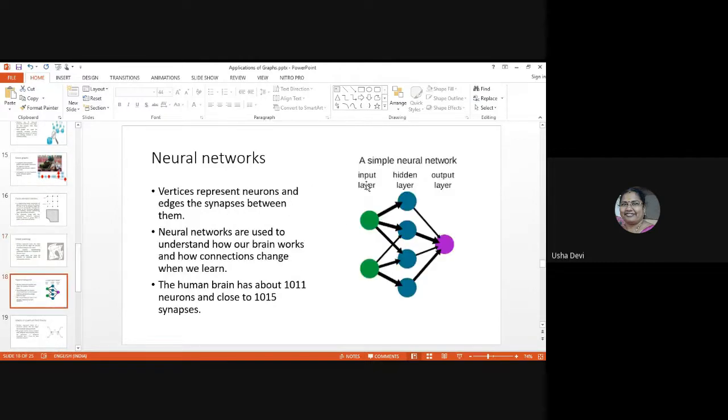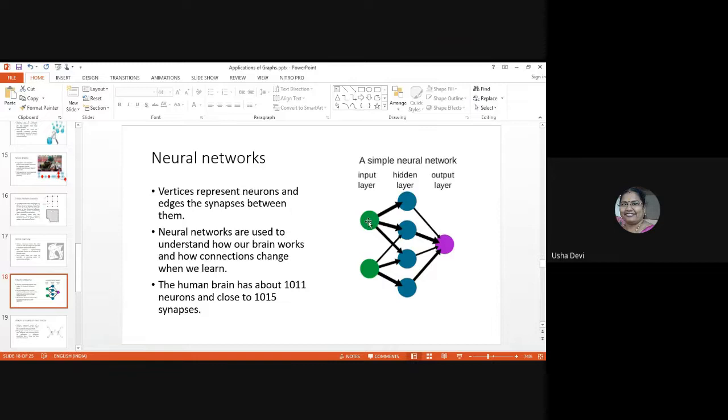Then neural networks are another kind of application for a graph. This is a simple neural network, and it consists of so many layers. All these layers have some set of vertices, and these vertices represent neurons.